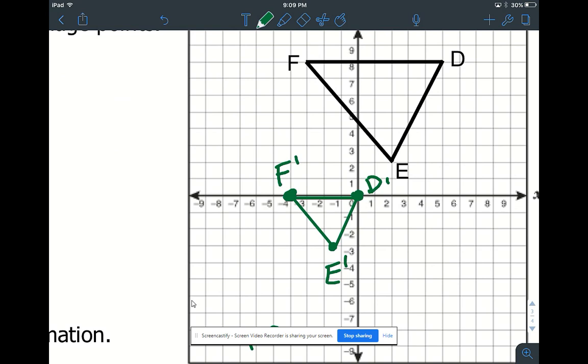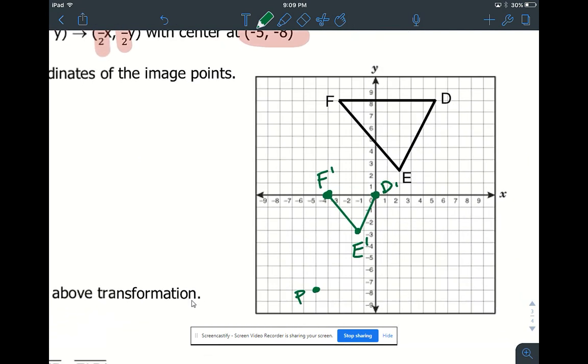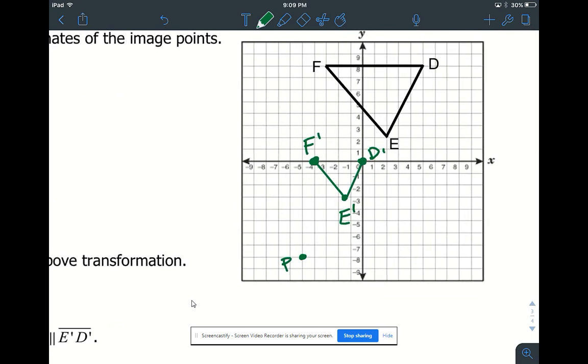Now, I will tell you that if you don't start at your center of dilation whenever you start counting slope, you're going to mess up your entire problem.